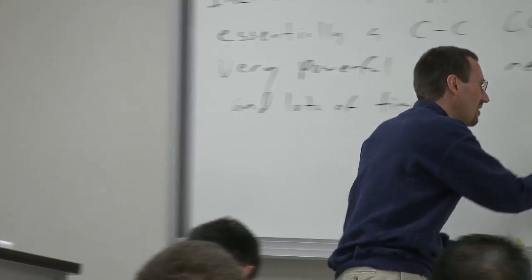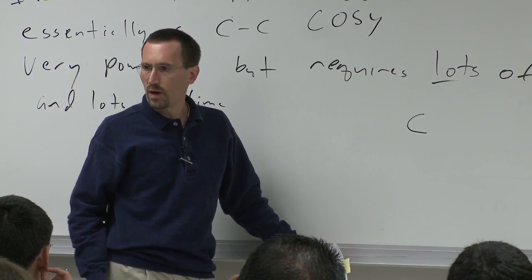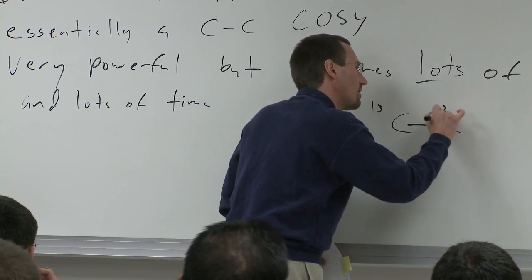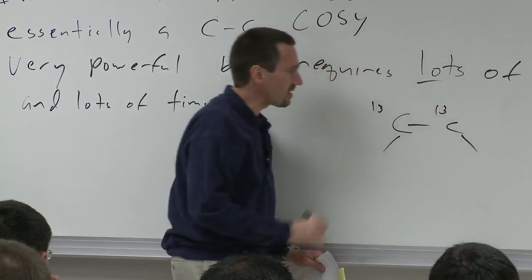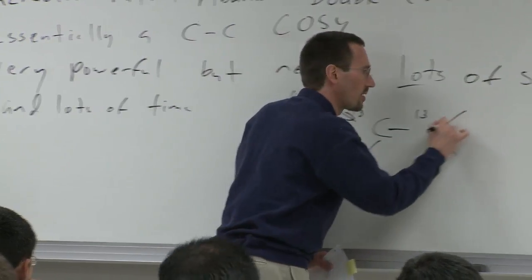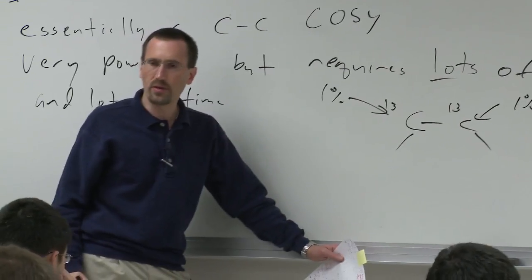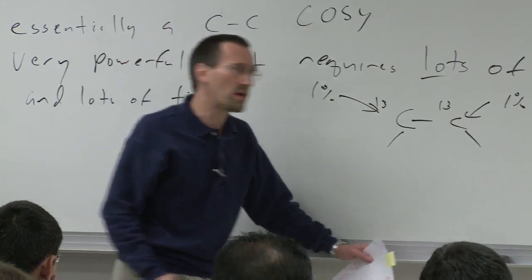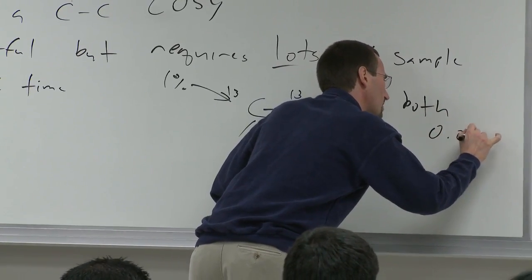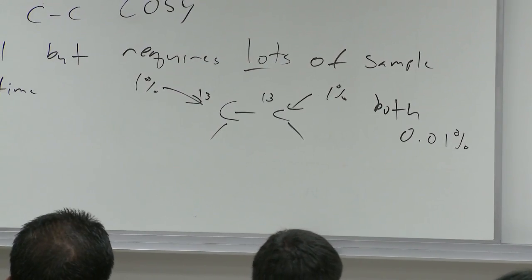So the killer on this thing is that because it's a COSY-like experiment, what you're relying upon is having a C13 next to a C13. And since the probability of having a C13 at either position in a molecule is 1%, the probability of having both of those is 1% of 1%, in other words, 0.01%.